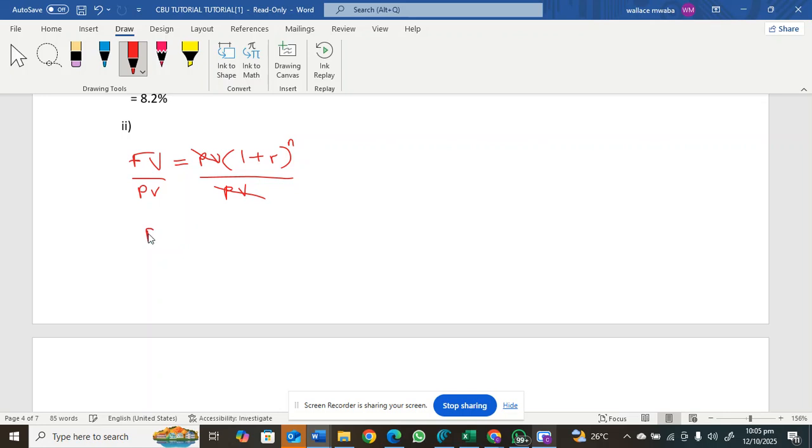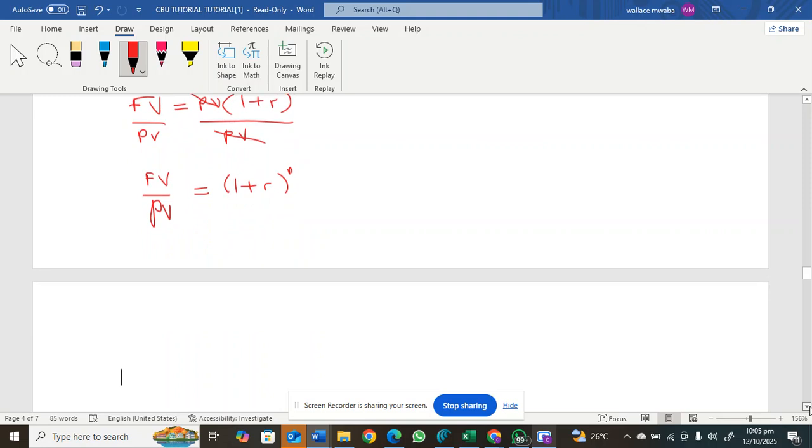So you now have future value over present value equals 1 plus r to the power n. So since we want to make n the subject of the formula, we need to drop it. So in order to drop it, we need to introduce logarithms.